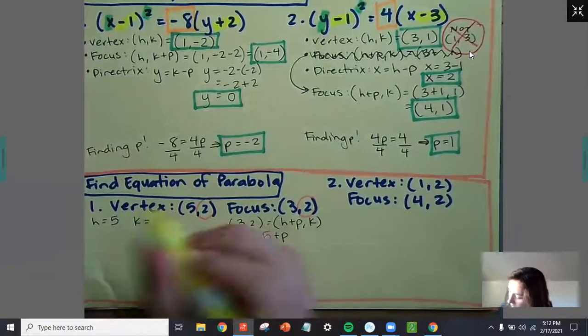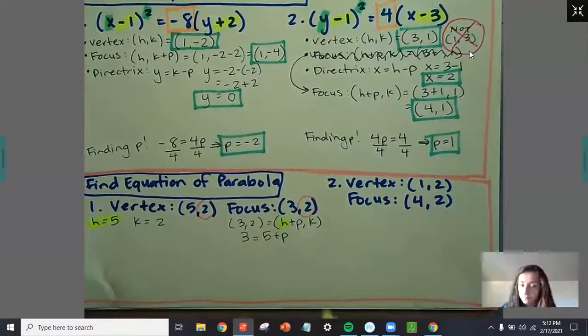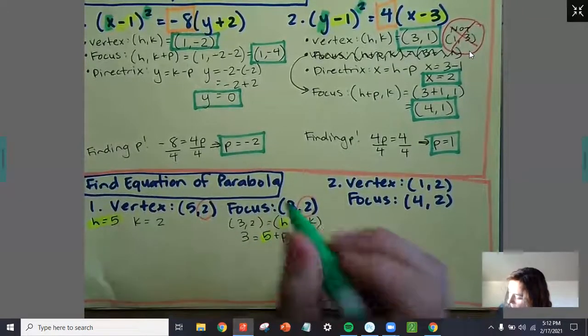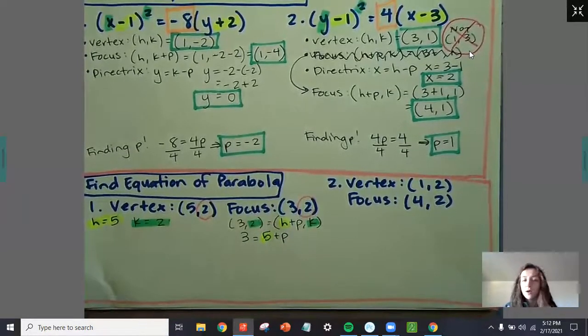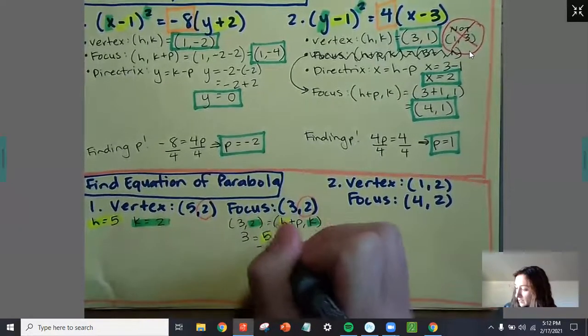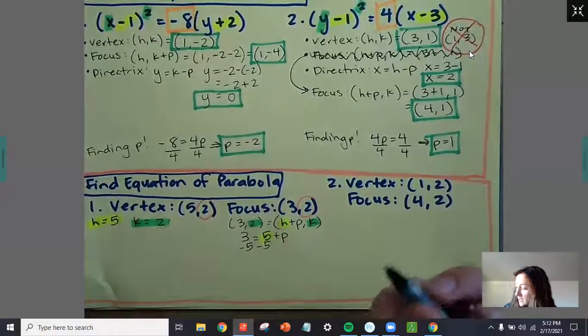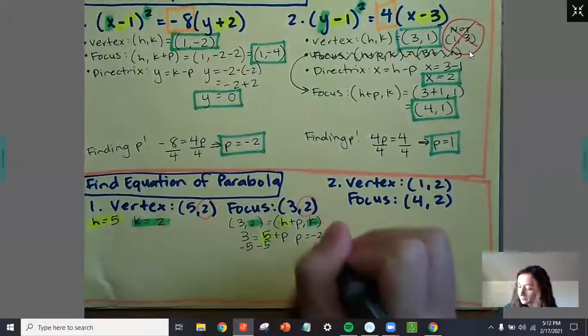Let me just do some highlighting so we can see where I'm getting these numbers from. Okay, and we also knew that k was 2. All right, so now we're just going to solve for p here, and I can see that 5 is the only thing keeping me from having p by itself, so let's subtract 5 from both sides, and we'll get that p is equal to negative 2.